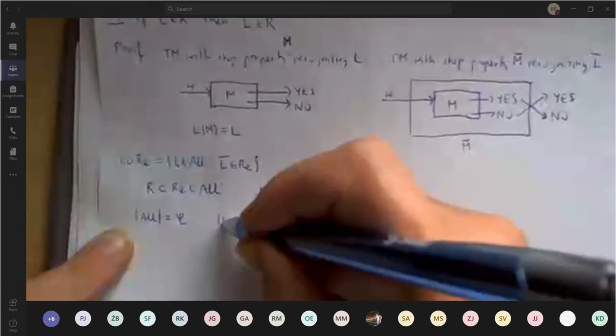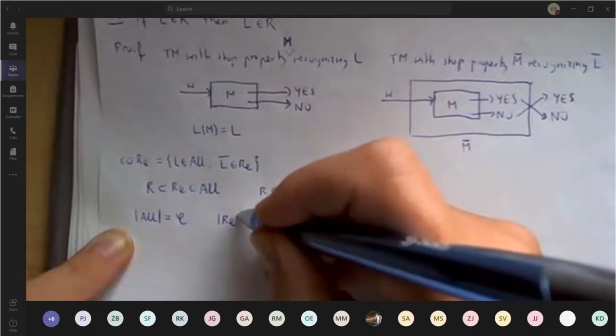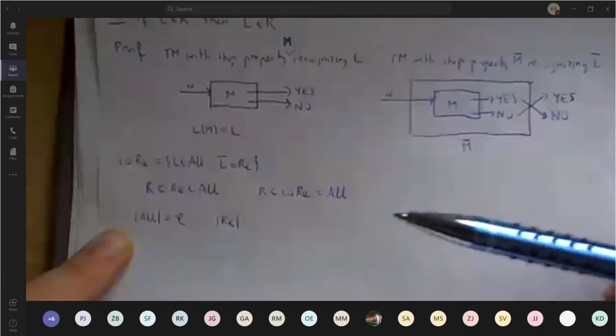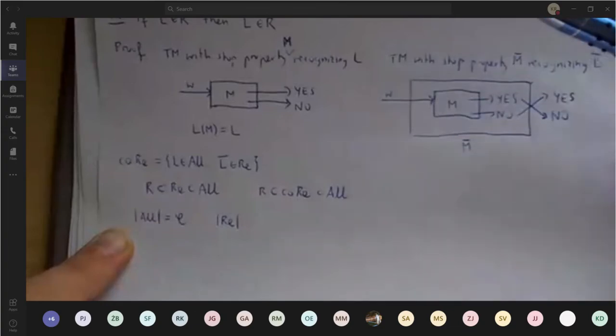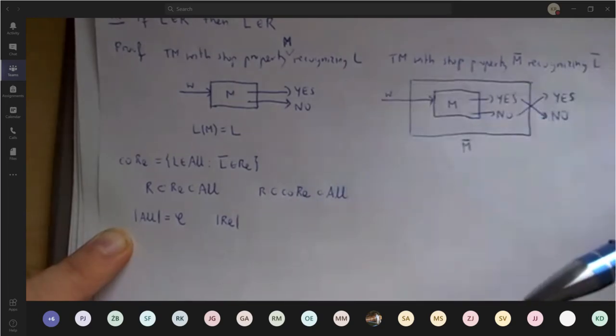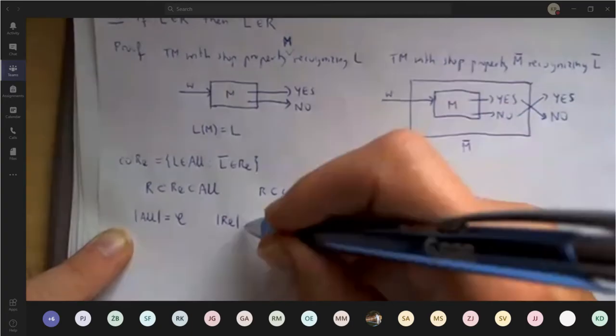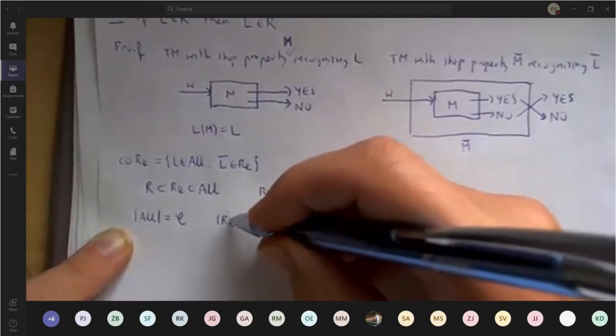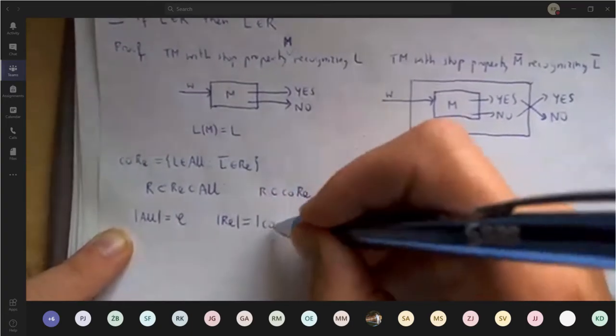We know that every recursively enumerable language is accepted by some Turing machine, and we have observed that there are only countably many Turing machines. So there are only countably many recursively enumerable languages, and of course, the cardinality of this set is the same as the cardinality of coRE.